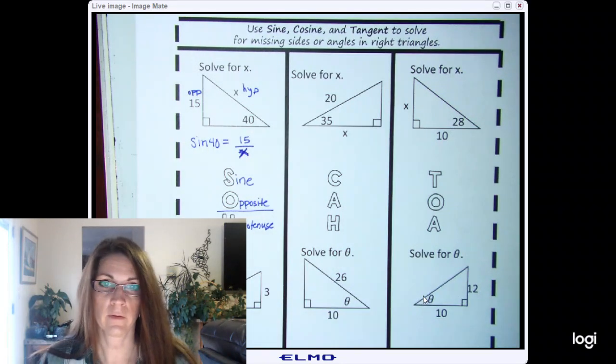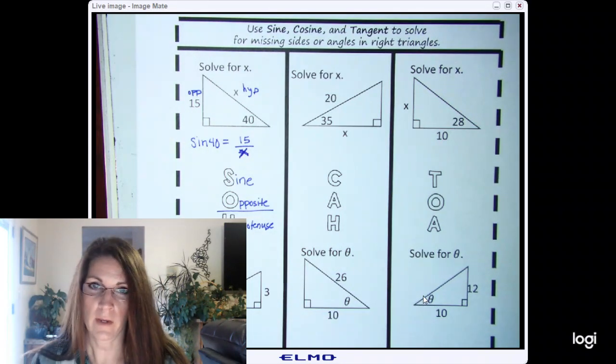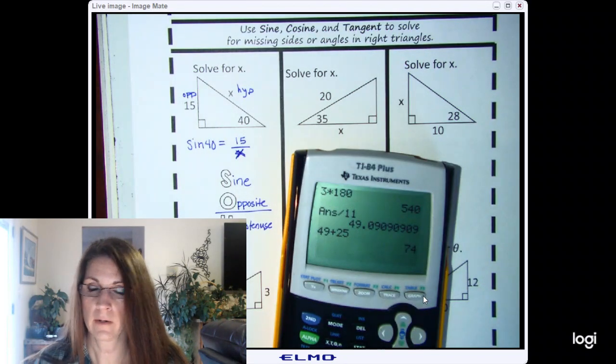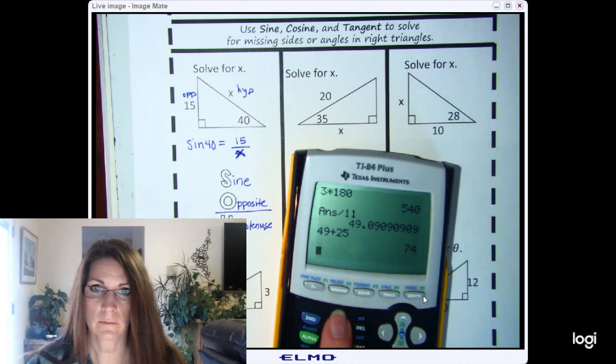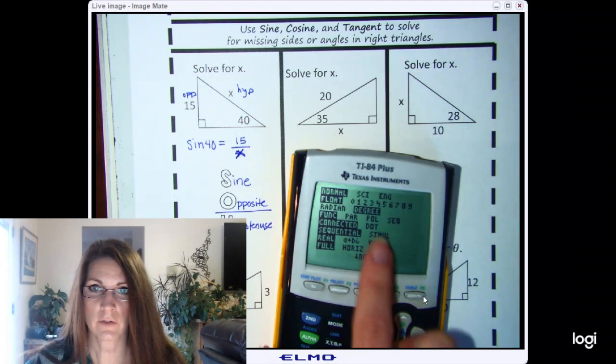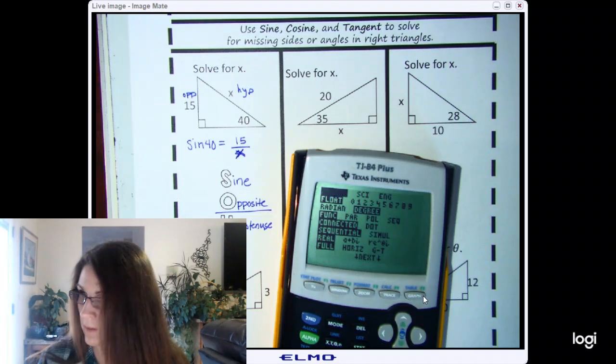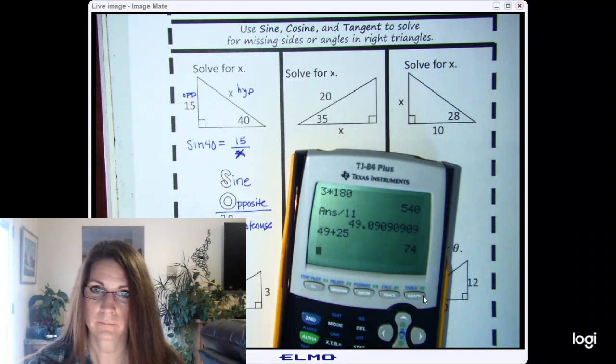I do a little calculator work. One thing I do need you to do, let's see if we can see that without a glare. I need you to go to mode. You need to make sure degree is highlighted. If degree isn't highlighted, you're not going to get these right. So check that out.